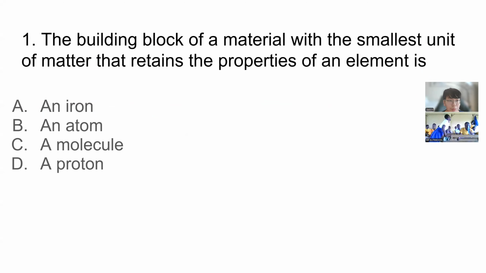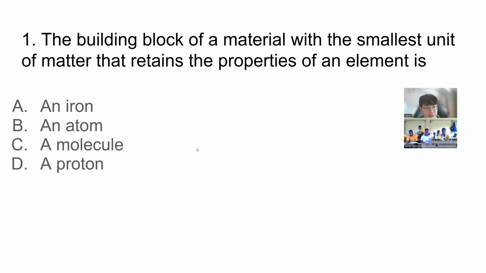The building block of a material, the smallest unit of matter that retains the properties of an element, is it A, an iron, B, an atom, C, a molecule, or D, a proton?